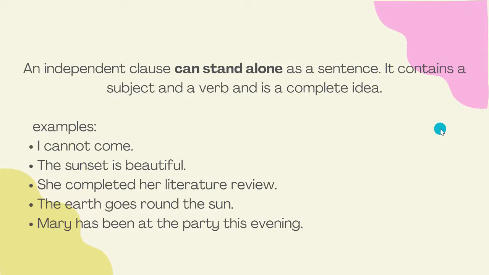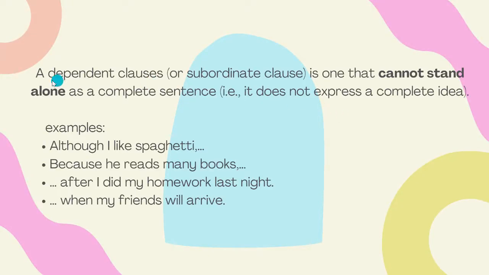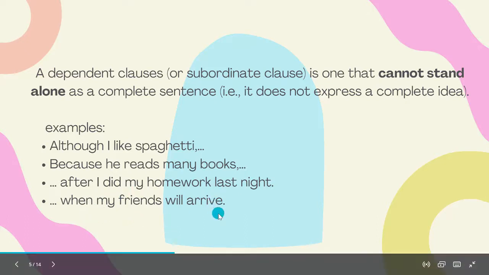Okay, let's see the explanation about dependent clause. So a dependent clause or subordinate clause is one that cannot stand alone as a complete sentence, or it doesn't express a complete idea. For example, although I like spaghetti, because he reads many books, after I did my homework last night, and when my friends will arrive.